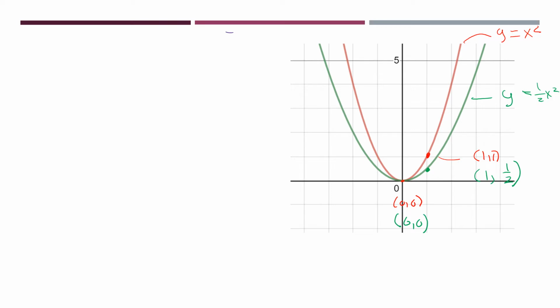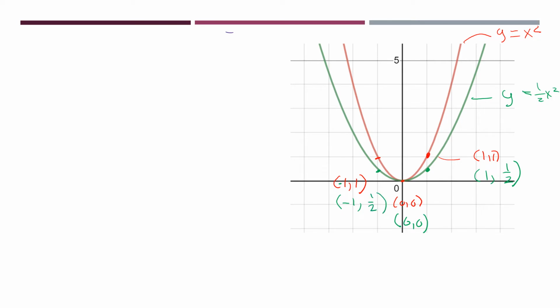Okay? And the parent function, we have the point 1, 1. And on the transformed graph, we have the point -1, this should be -1, 1/2.